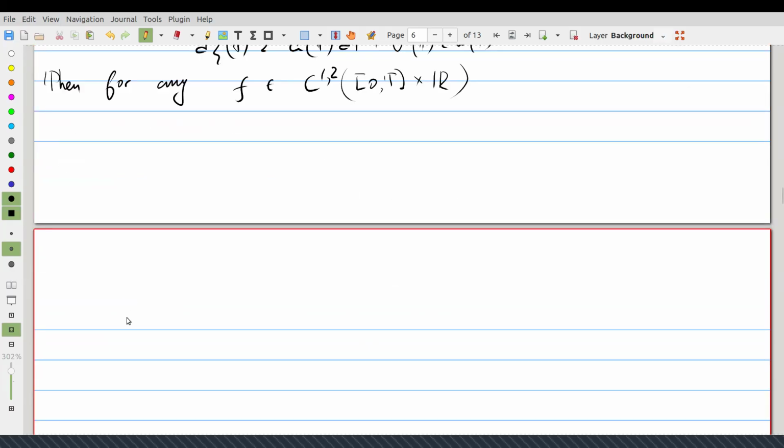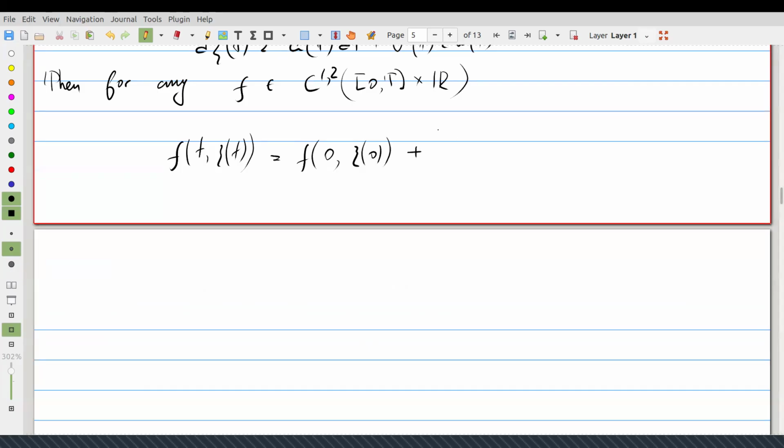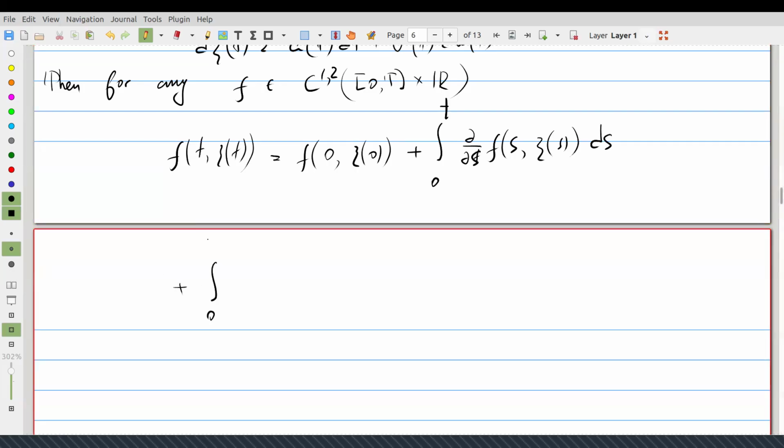the process f(t, psi of t) is again an Ito process and admits the following representation: plus the integral from 0 to t of d over dt f(s, psi of s) ds plus the integral from 0 to t of d over dx f(s, psi of s).